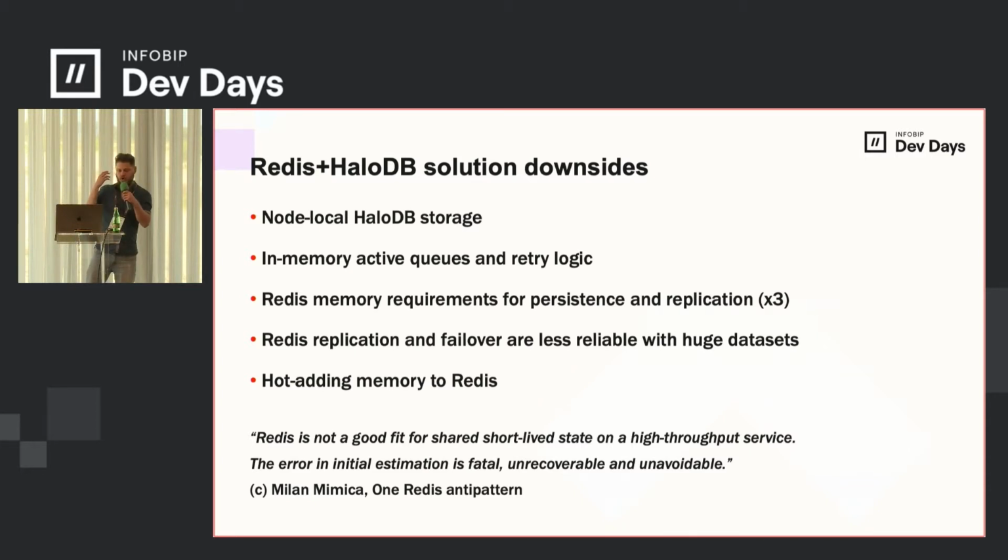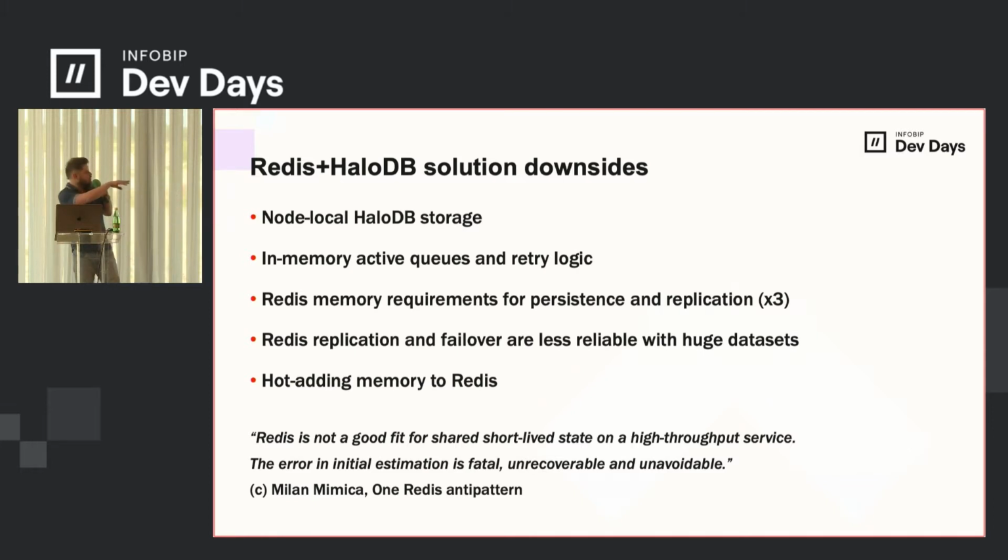And also we couldn't keep all of our data in Redis because we would need too much memory, because Redis actually needs triple memory of its data set because of the replication process working in background and the persistence to disk process working in background. They triple the memory requirement.